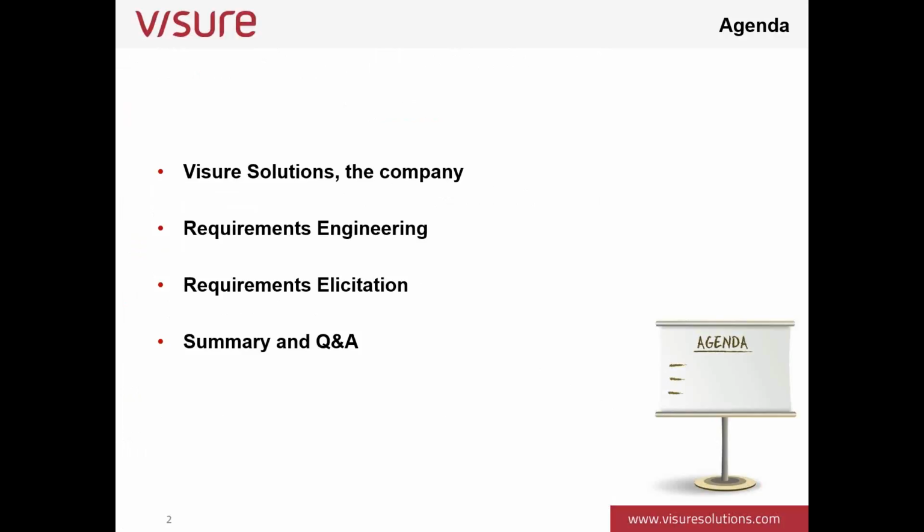We will be introducing those concepts, and after that, the next topic in today's webinar is going to be the first stage in requirements engineering, which is the requirements elicitation.